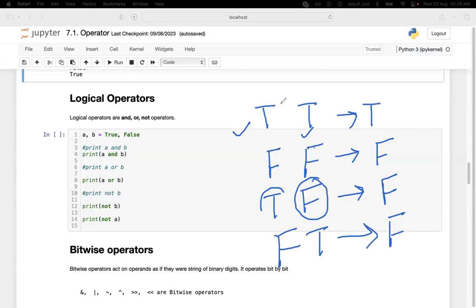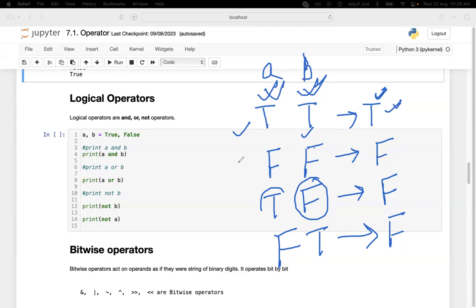This is the rule. This is how the AND operator works. It will return the true value only when both are true. Say this is variable A and this is variable B. If the value of A is true and the value of B is true, then I will get true.